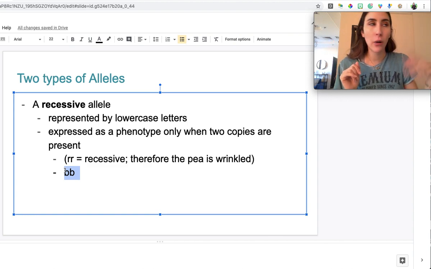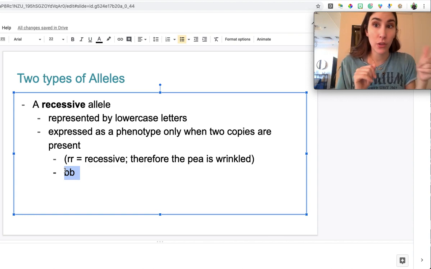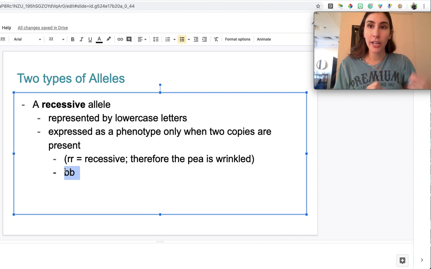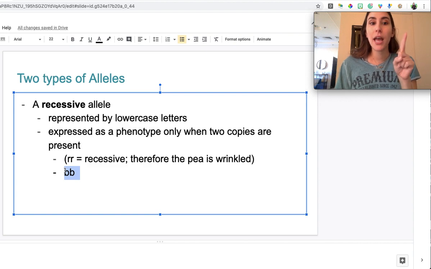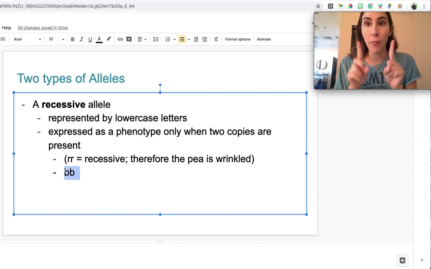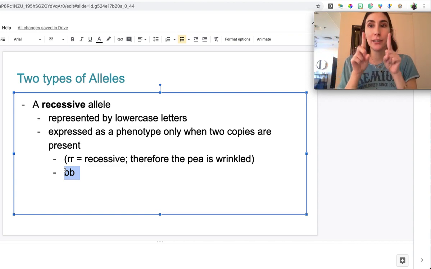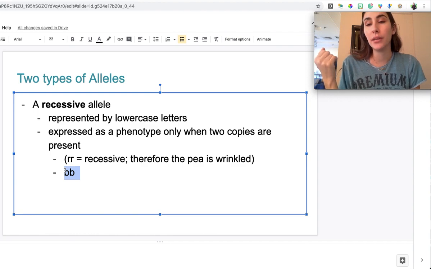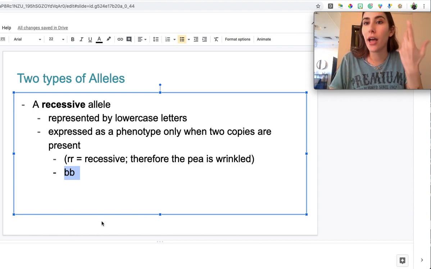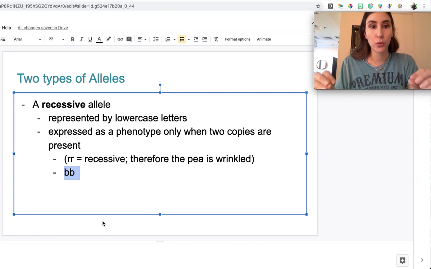My dad somehow in his lineage had green eyes, even though he doesn't show green eyes, he still had it hidden in his DNA, and I got that copy from him, and I got the green-eyed allele from mom. So now I have 2 green-eyed alleles represented by the lowercase b, and guess what? My eyes would be green because I have 2 copies of that allele, and therefore it will be expressed.